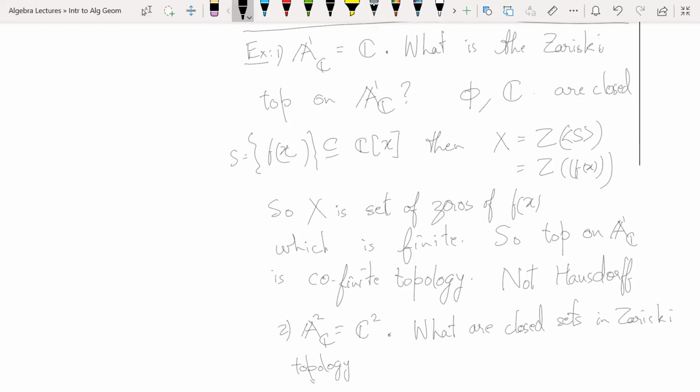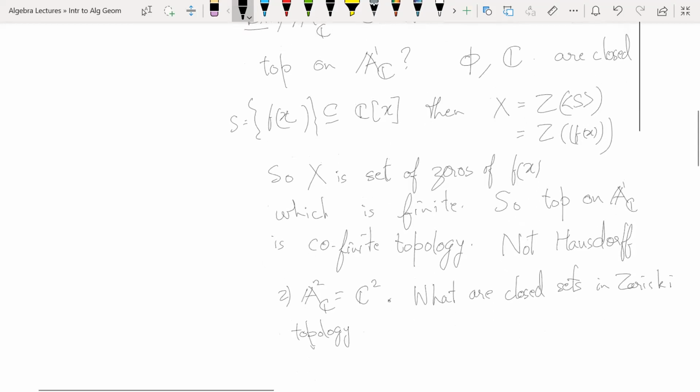So an open set in the previous example in A1C is the complement of a finite set. Of course, a finite collection of points is going to be closed in A2C. Why is that?